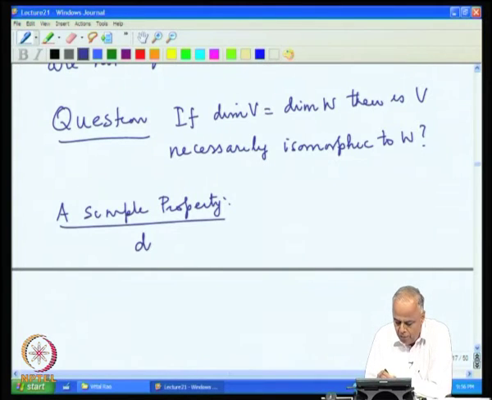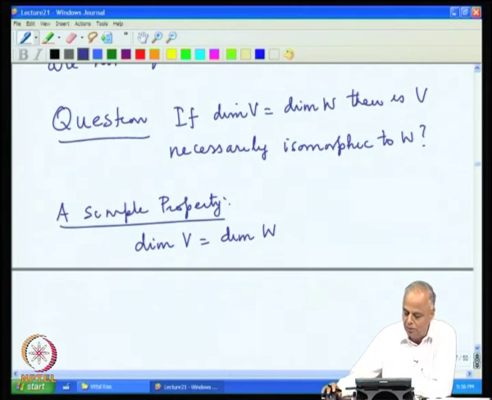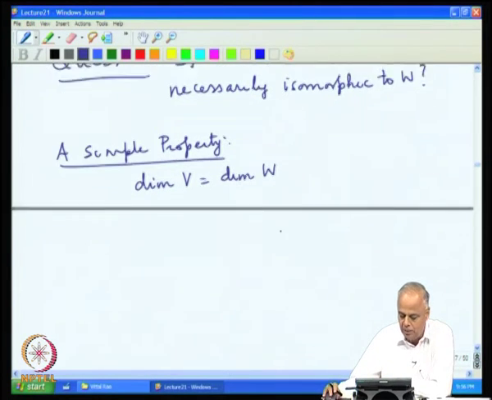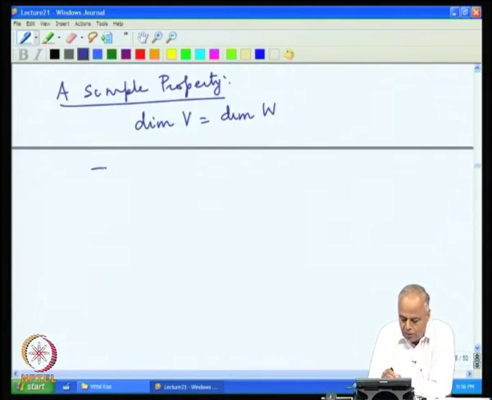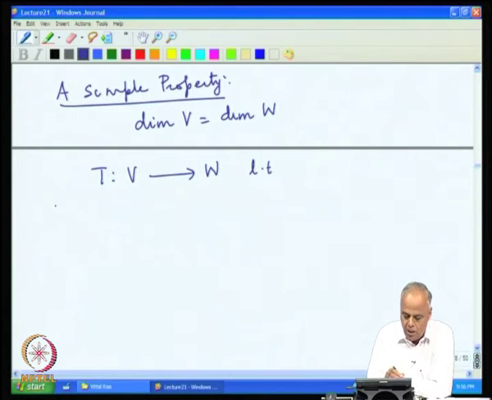Again we start with dimension of V equal to dimension of W, because there is no hope of an isomorphism if dimension of V is not equal to dimension of W, and suppose T is a linear transformation from V to W, a linear transformation.